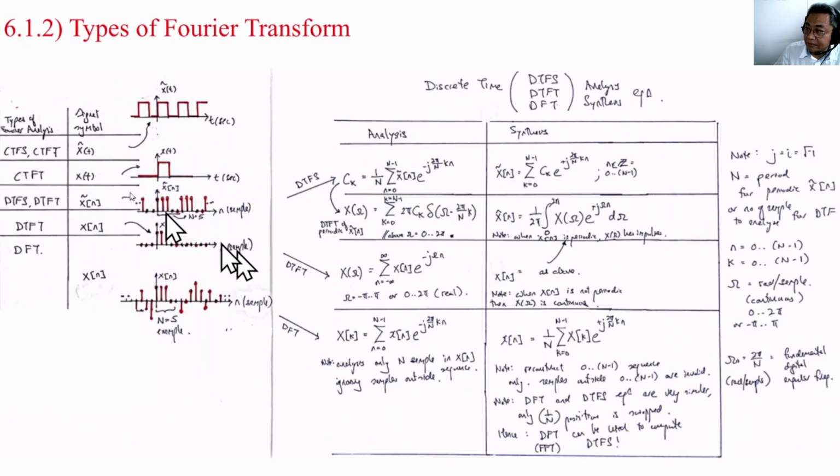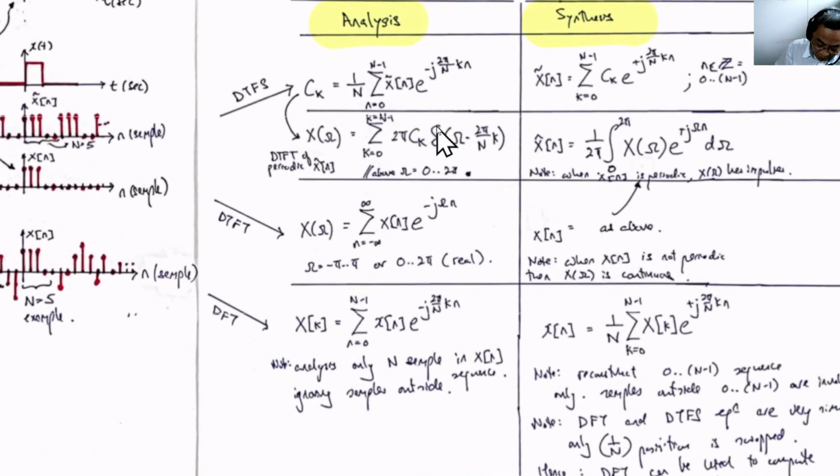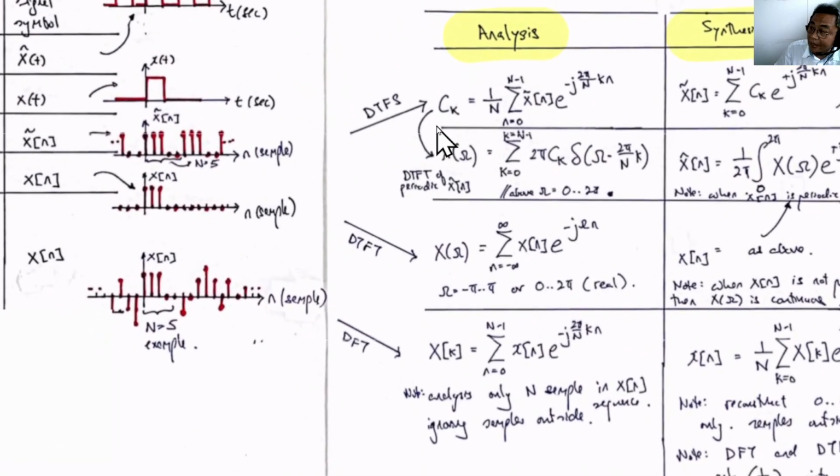The next page shows you the equations associated with the analysis as well as the synthesis. So here's analysis, here's synthesis. What does analysis mean? Analysis basically takes our signal, and here I will only draw you the DTFS, DTFT, and DFT.